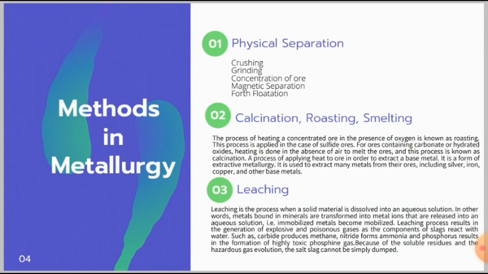Here heating is used to drive off carbon dioxide from the ore. Similarly, when we separate iron from iron carbonate or ferric carbonate ore, again it is heated in the presence of oxygen. Carbon dioxide is driven off and magnetite ore is obtained.